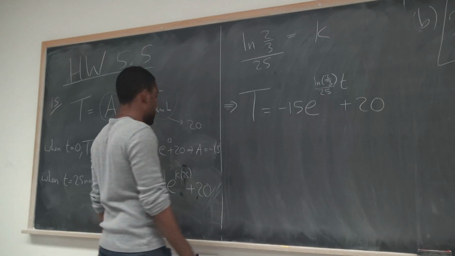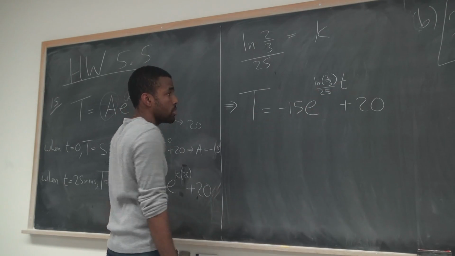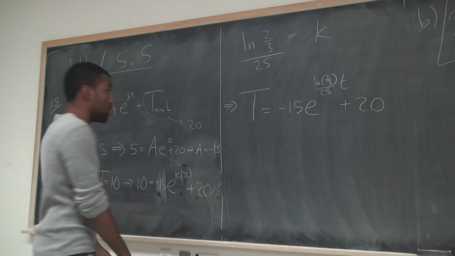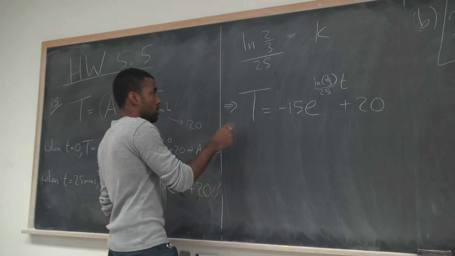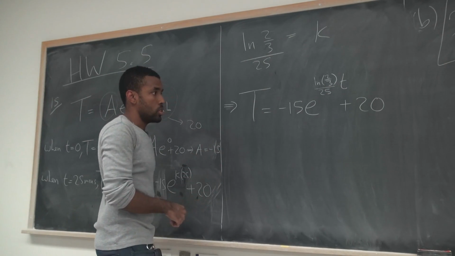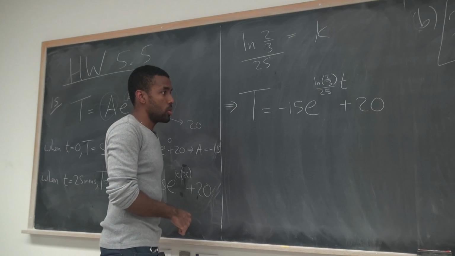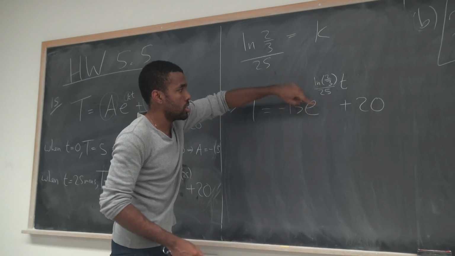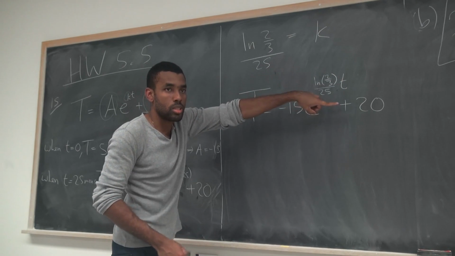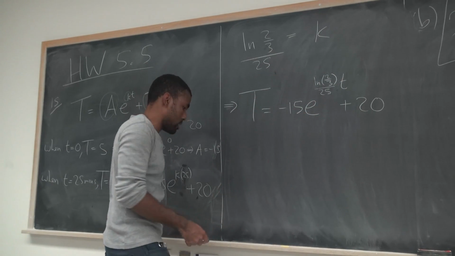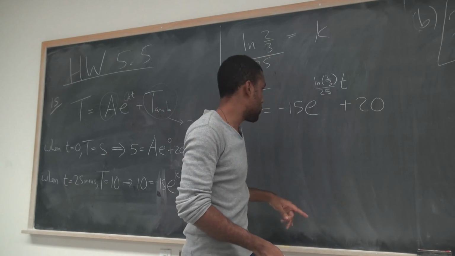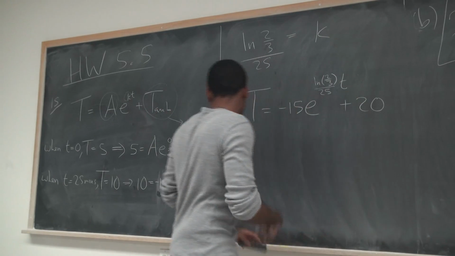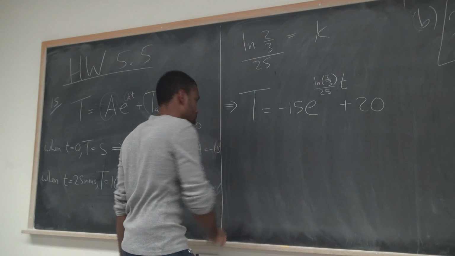And of course, if you plug in t equals 25, the temperature will be 10. So that's the equation that governs this situation. Another thing you can notice is that as time increases, this quantity, because it's a negative, will decrease the quantity, which makes sense with the situation.